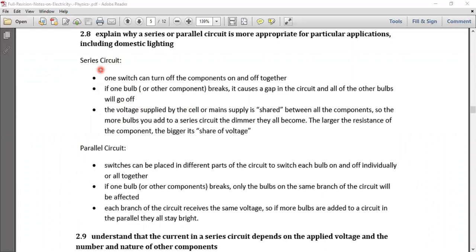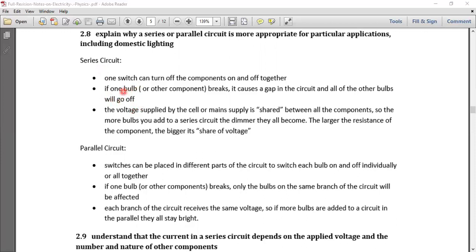You can easily see here. Now come to the series circuit, these are the advantages written.